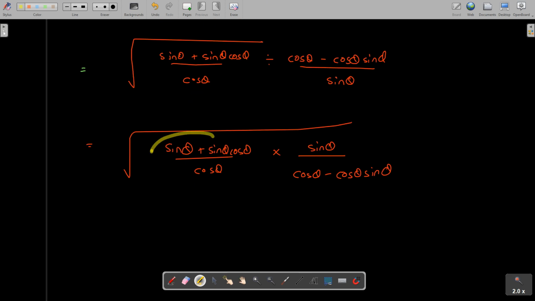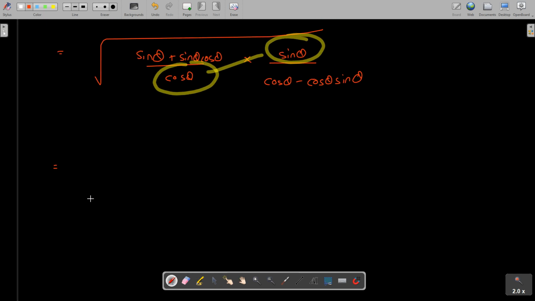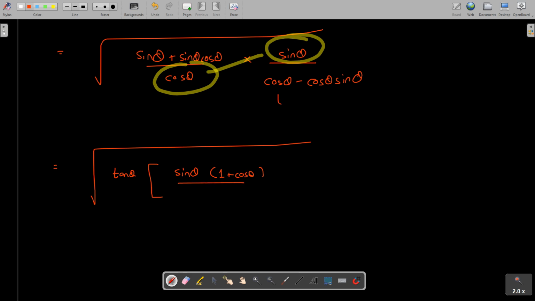Now I want to take sine theta common from here and cos theta common from here, and we know sine theta divided by cos theta is in fact tan theta, so we'll be writing that as well. So tan theta into, let's take common over here as well, sine theta common, 1 plus cos theta, and in the denominator we'll take cos theta as common, 1 minus sine theta.